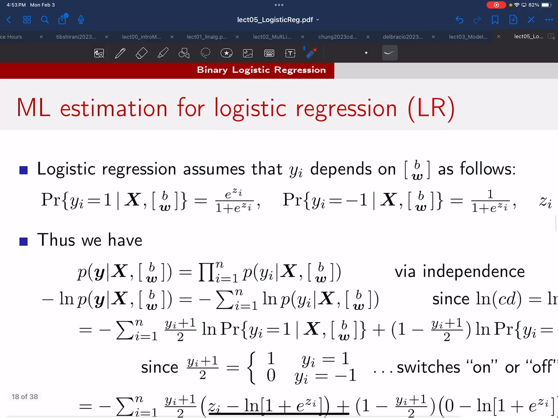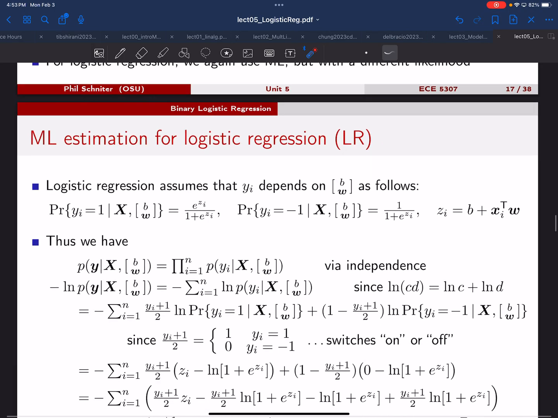So one of them is that the probability that the ith training label equals 1, given the features and our parameters, we said that this is this form of logistics. So we have e to the power zi over 1 plus e to the power zi. But then, for y equals minus 1, we actually had a different equation, right? So it's not like we have one common way of expressing the likelihood.